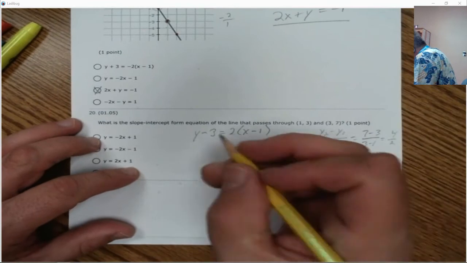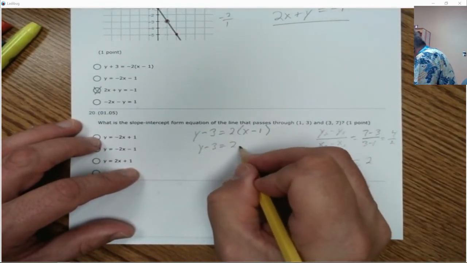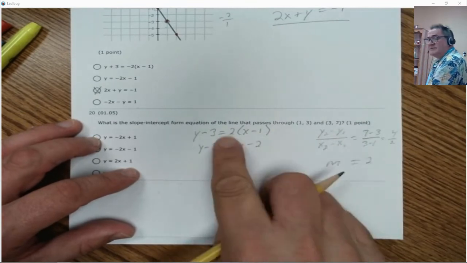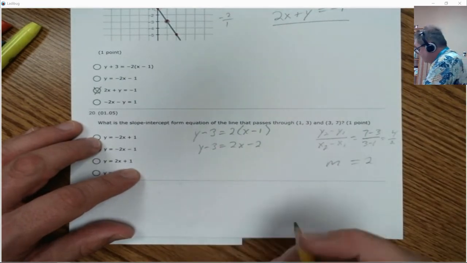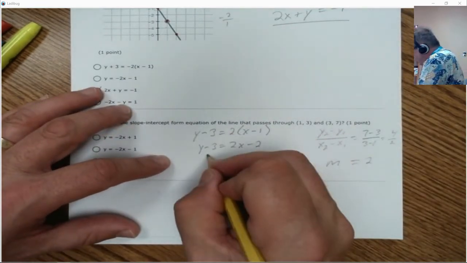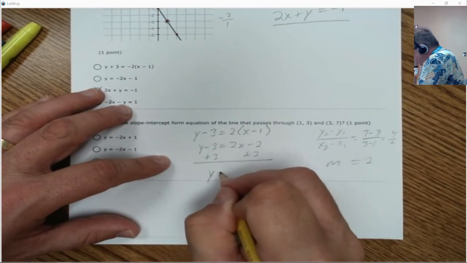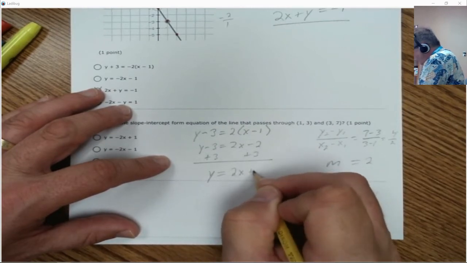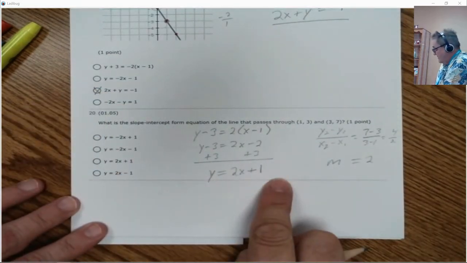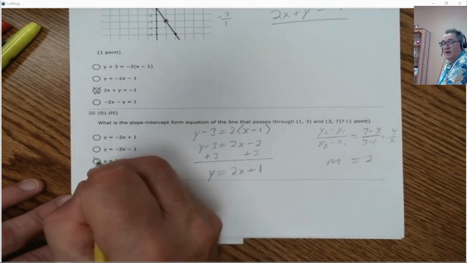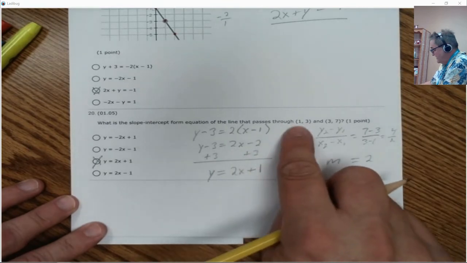So y minus 3 equals, first thing is parentheses, order of operations, 2 times (x minus 1) is 2x minus 2. Let's add 3. y equals 2x plus 1. Slope-intercept. y equals 2x plus 1. That line will pass through both of those points.